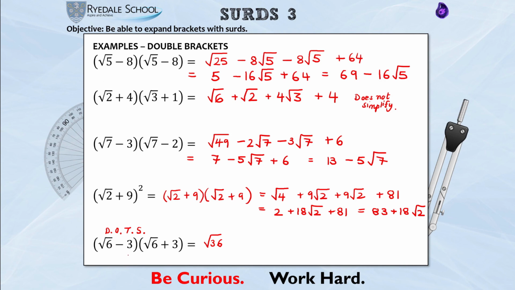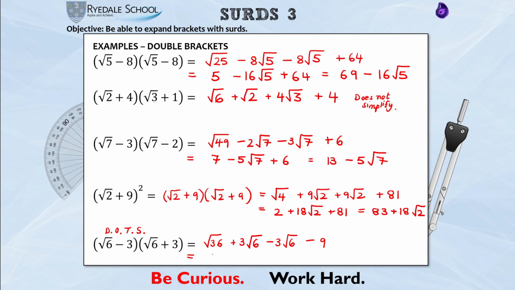Then we have the outers, which is 3 times root 6, so that is 3 root 6. We then have the inners, negative 3 times root 6, negative 3 root 6. And we then have the lasts, minus 3 times positive 3 is minus 9. So let's do some tidying up.